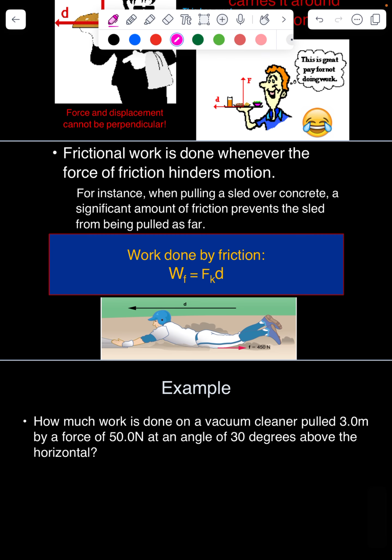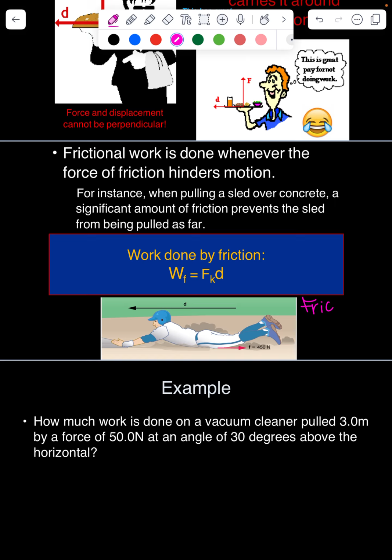If your object is moving down, friction's going to be going up. If your object is moving up, friction's going to be going down. If your object is moving left, friction's going to be going right. So because friction is always going opposite the object's motion, the only type of work that friction can do is negative work.